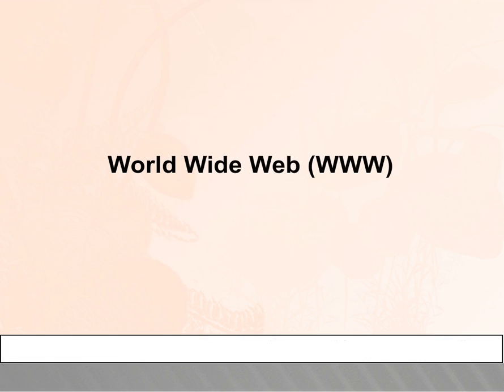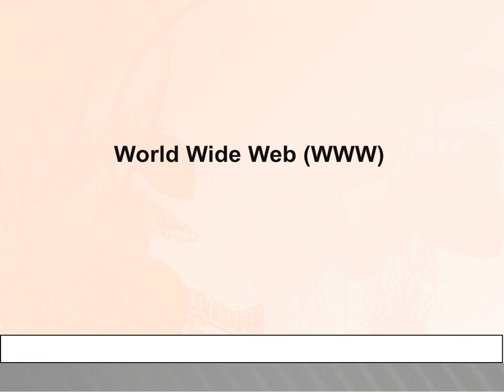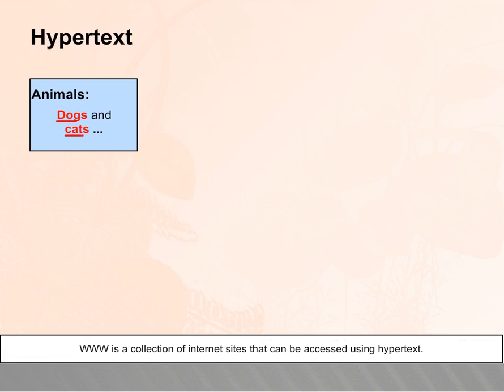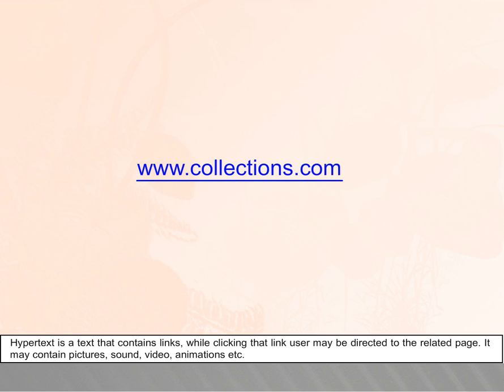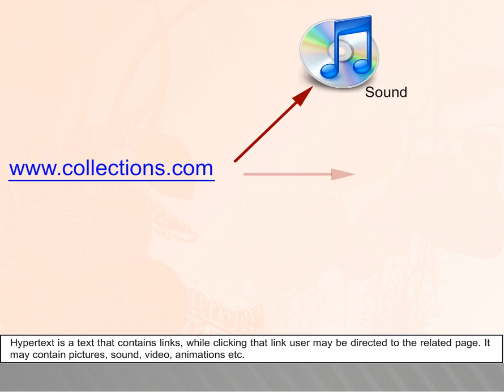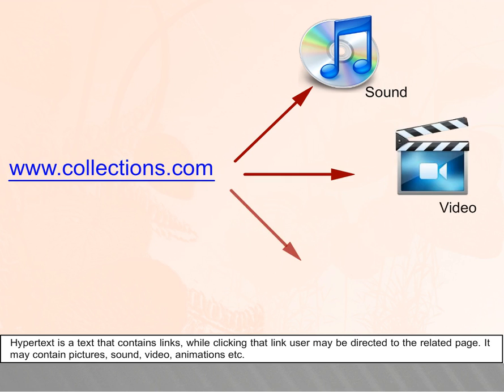World Wide Web, www. www is a collection of Internet sites that can be accessed using hypertext. Hypertext is a text that contains links. While clicking that link, the user may be directed to the related page. It may contain pictures, sound, video, animations, etc.